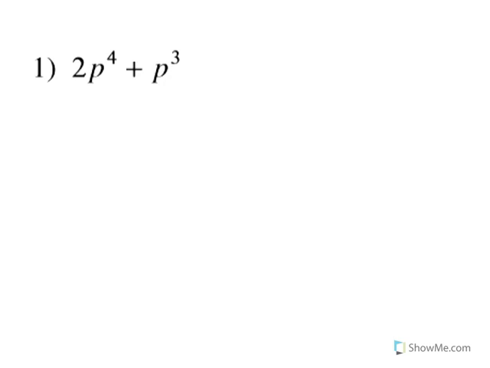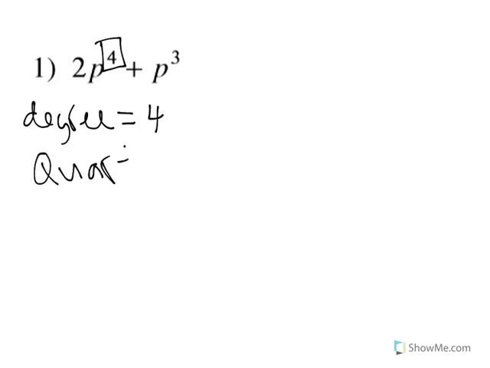So example 1, we have 2p to the 4th power plus p to the 3rd power. So then in terms of the degree, we're looking for the term with the highest exponent. So this is a degree of 4, right? Okay. So for a degree of 4, this is a quartic.